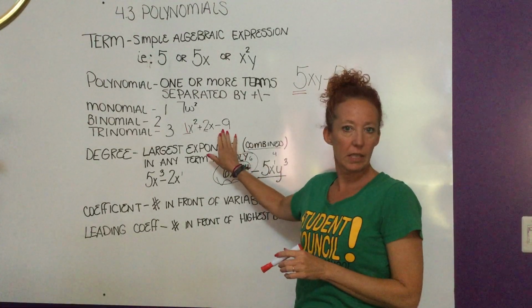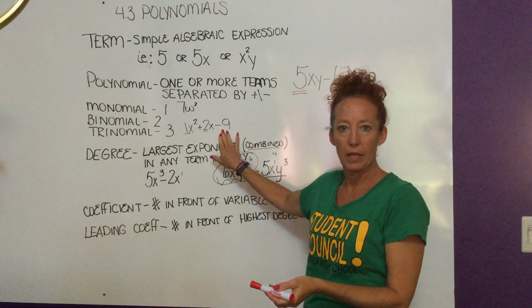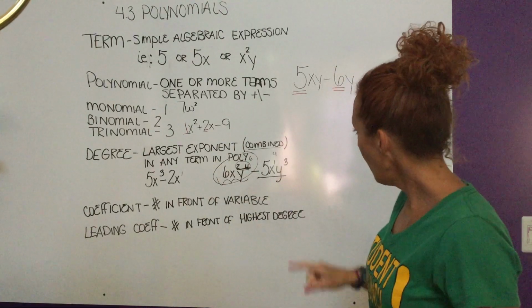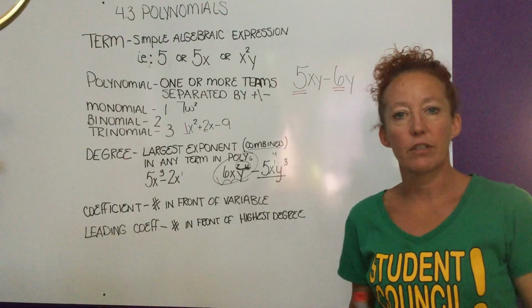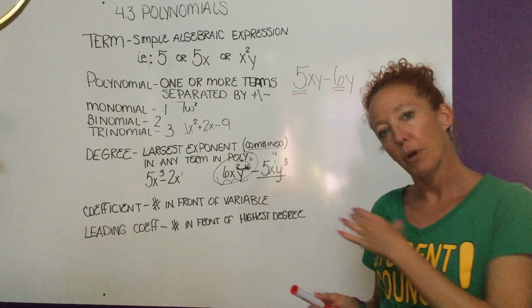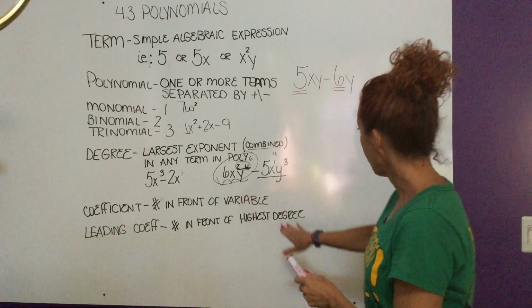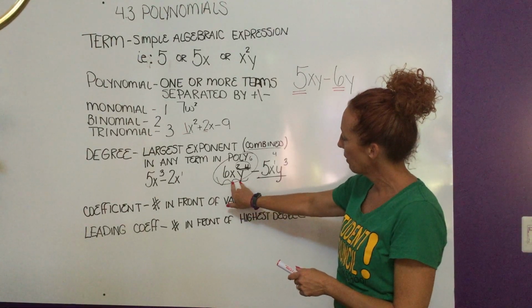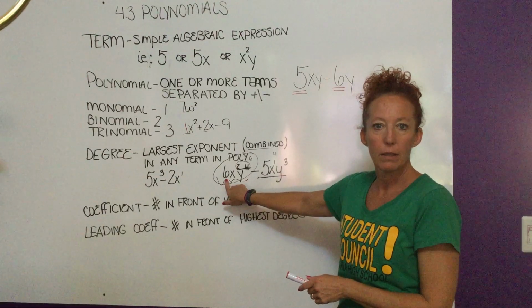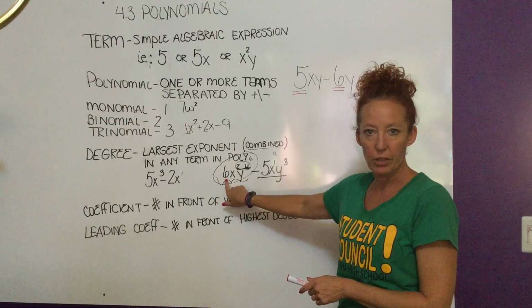This would be a constant term because there is no variable behind it. All right, the leading coefficient would be the number in front of the degree, the part of the polynomial that is the degree. For instance, this is the 6th degree because of this piece right here. So this 6 would be the leading coefficient.